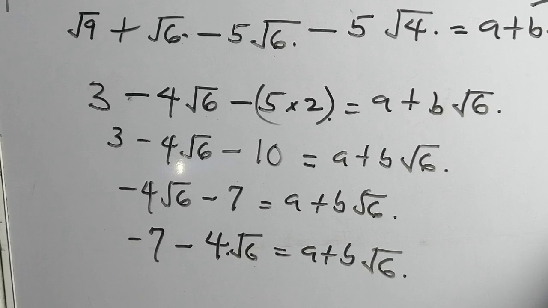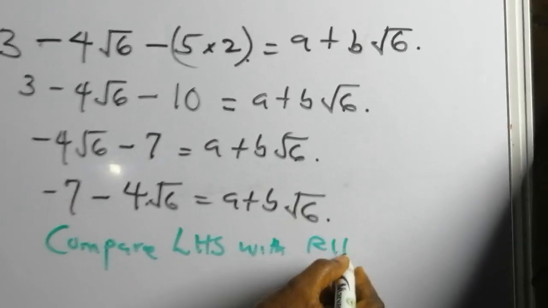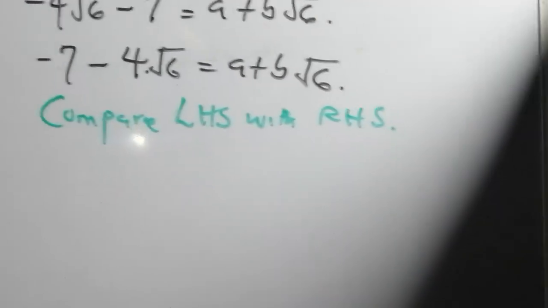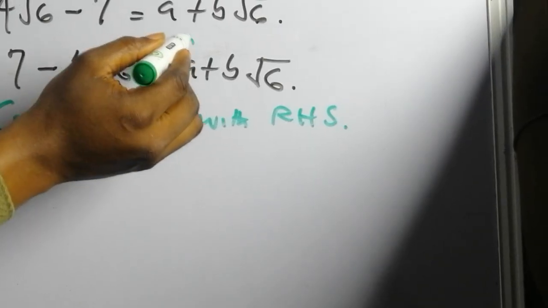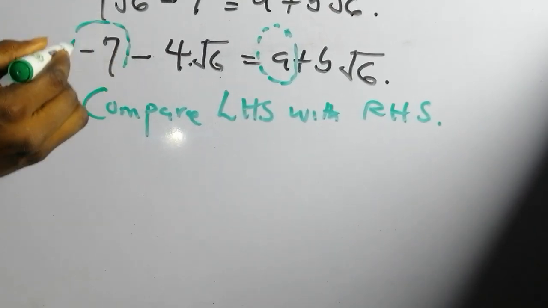So we can get our A and B. All we need to do is compare the equation, compare the left hand side with the right hand side. That is how to get your value. So my A is automatically this.